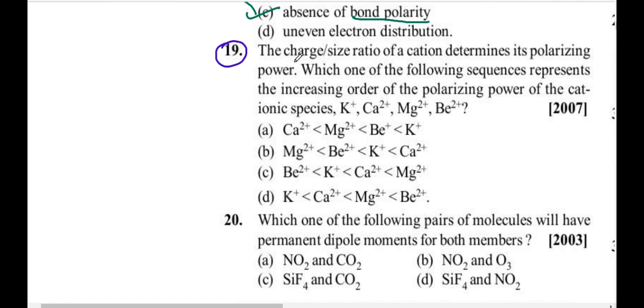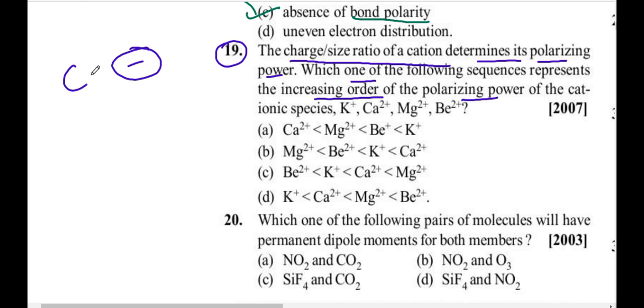Question number 19. The charge by size ratio of a cation determines its polarizing power. Which one of the following sequences represents the increasing order of polarizing power? What is the polarizing power? See, one negative charge is there, one positive charge is there. Okay, next one more negative charge, here small size positive charge. It has more polarizing power.